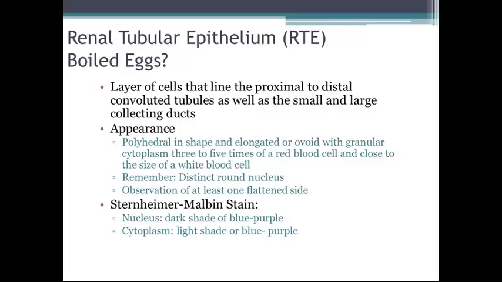There is a distinct round nucleus and it has at least one flattened side. Sternheimer-Malbin stain will stain the nucleus a dark shade of blue-purple and the cytoplasm a shade of blue-purple.